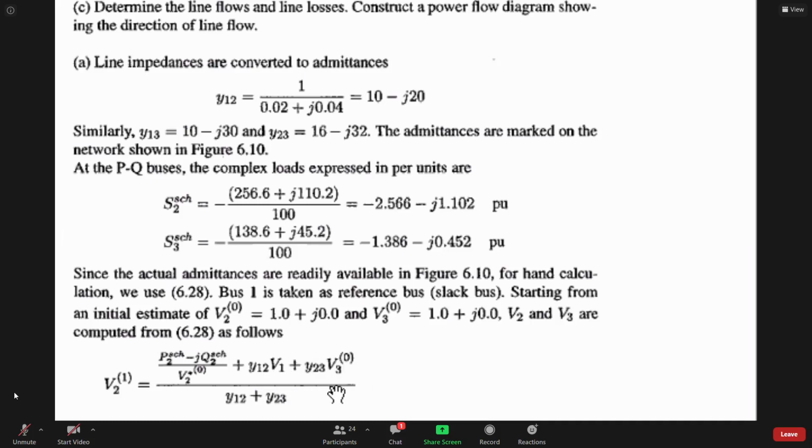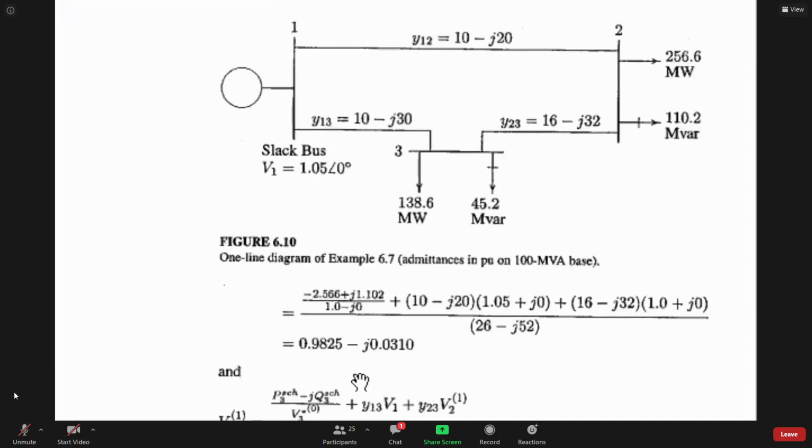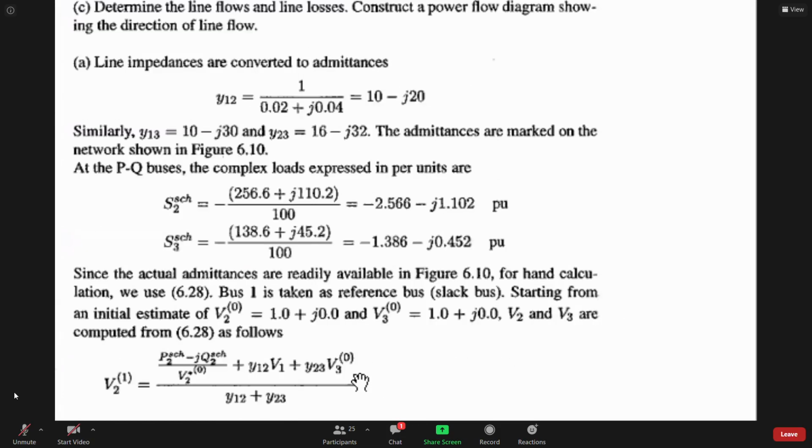When you use that formula for V2 and V3, be careful about the iteration level. For V1, as V3 is not given, you have to consider the V3 initial value as 1.